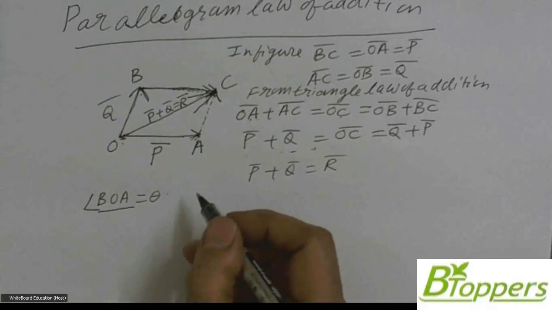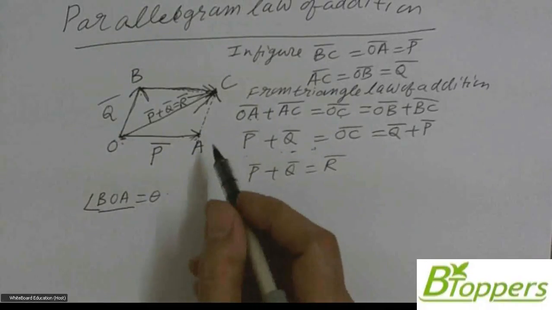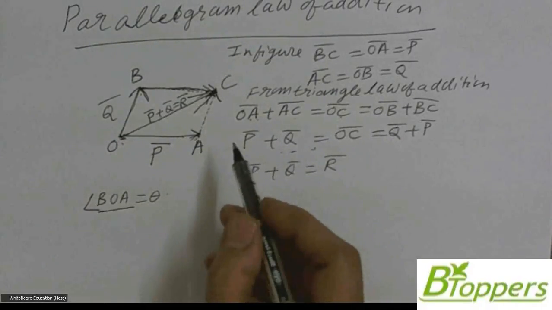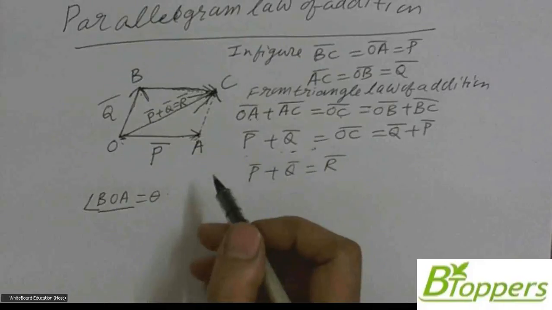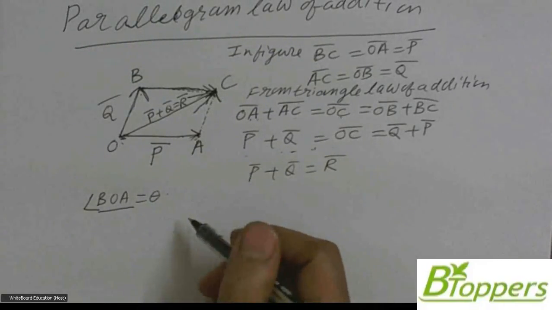So in intermediate classes, you might have studied the derivation for the magnitude of the resultant of the two vectors in terms of the magnitudes of the two vectors and the angle theta between the two vectors.